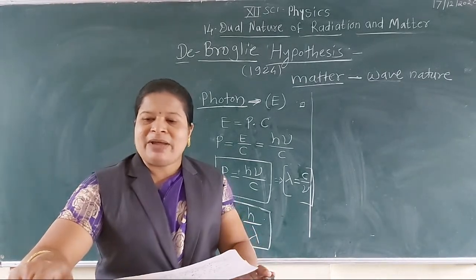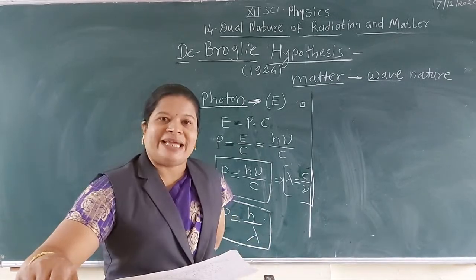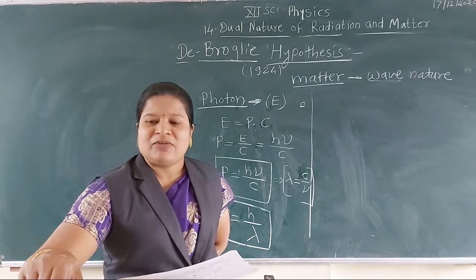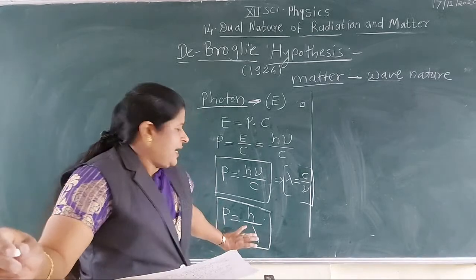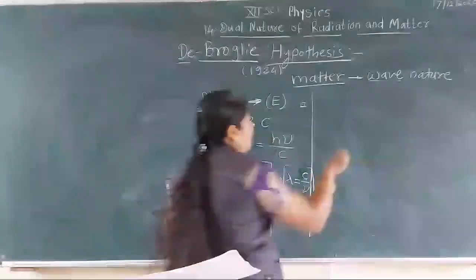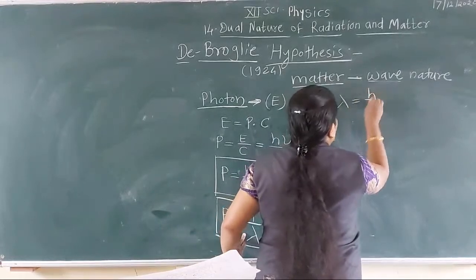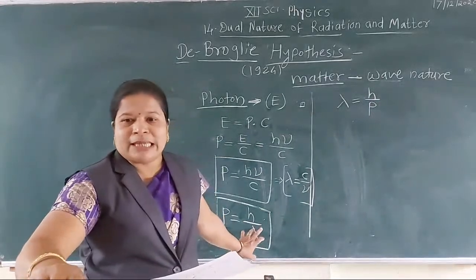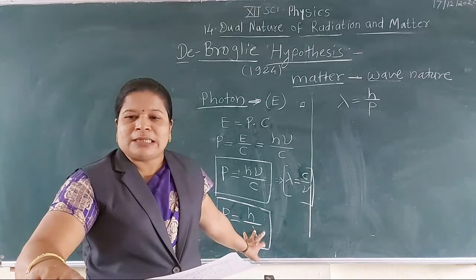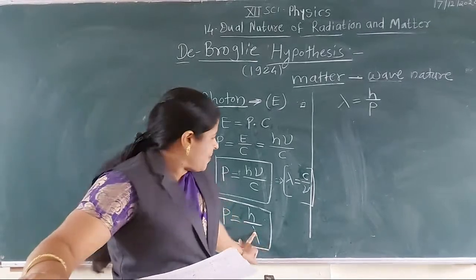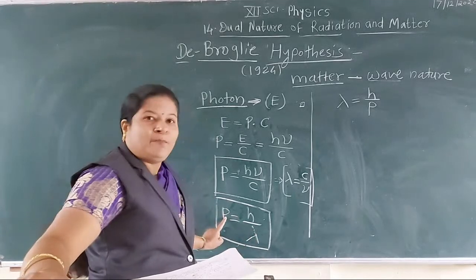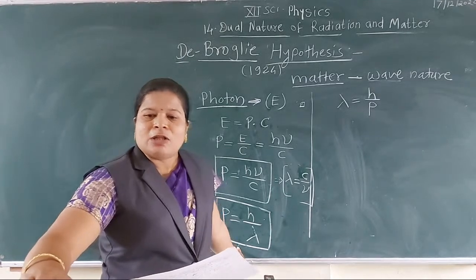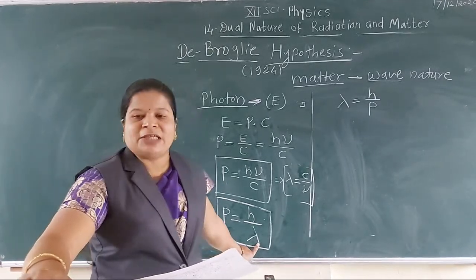So frequency and wavelength of the wave associated with a material particle of mass m moving with velocity v is given by the equation lambda is equal to h divided by p. What is the conclusion of this equation? That wave and particle properties, lambda and p, momentum, of matter can also be described by this equation.